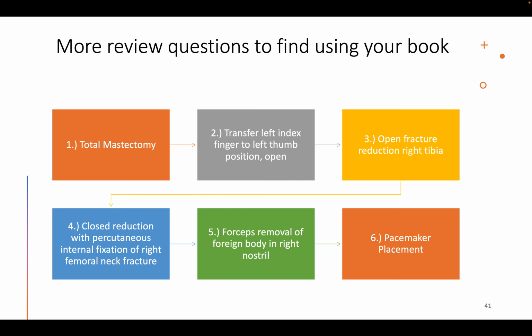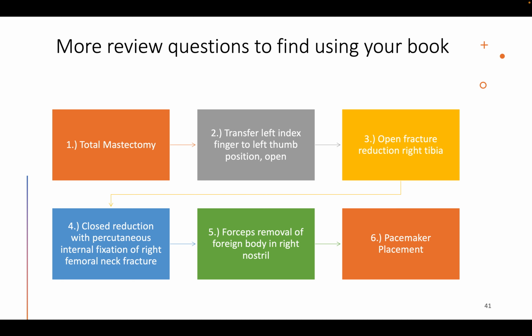More review questions to do using your book. You can look up total mastectomy. Look for transfer left index finger to left thumb position open. Look in your book for open fracture reduction right tibia. Look for closed reduction and percutaneous internal fixation of right femoral neck fracture.